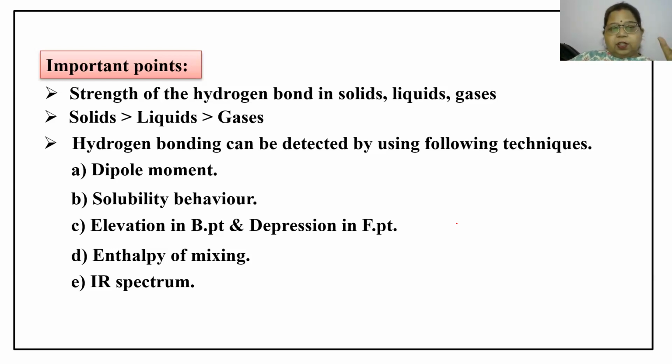You can measure the dipole moment. If there is a resultant dipole moment, there is a hydrogen bond. Solubility behavior. If something is soluble in water, that means it is able to form hydrogen bonds with water. You must have noticed or used vinegar. Do you know what vinegar is?